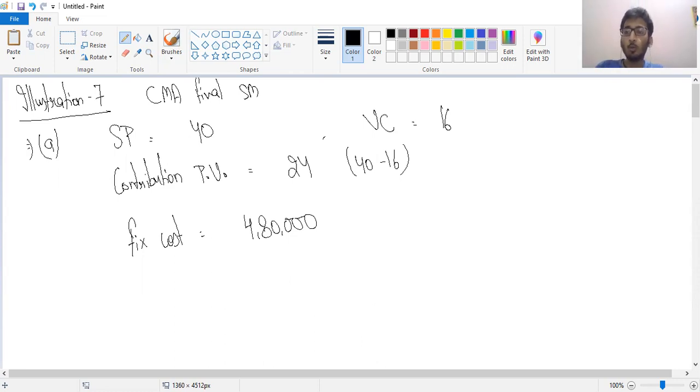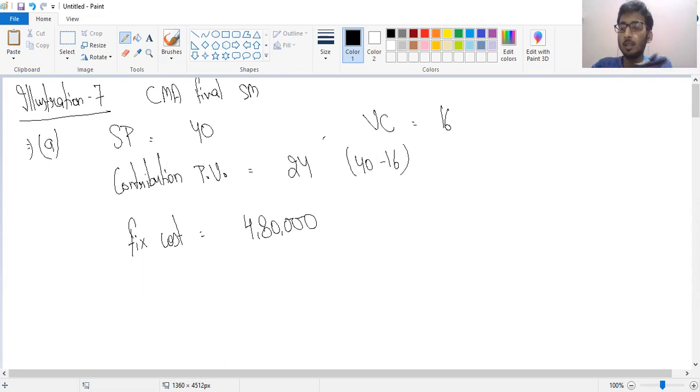I hope you know what margin of safety is. Margin of safety is the point over and above the break-even sale. If I'm saying 60% margin of safety, I am saying that I have 60% more sales.